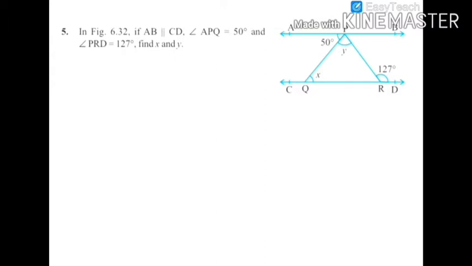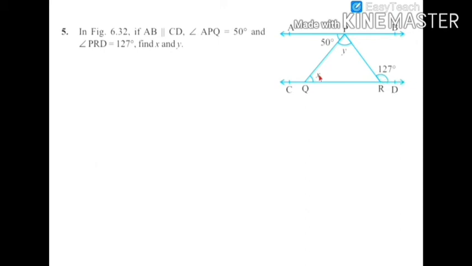Question number 5. AB is parallel to CD and angle APQ is equal to 50 and angle PRD is equal to 127 degrees.